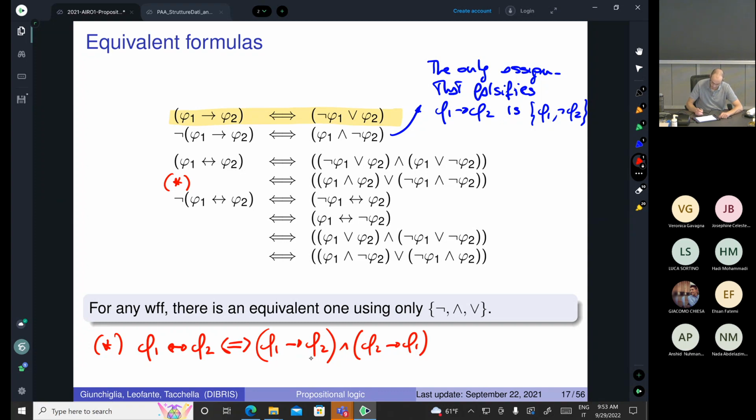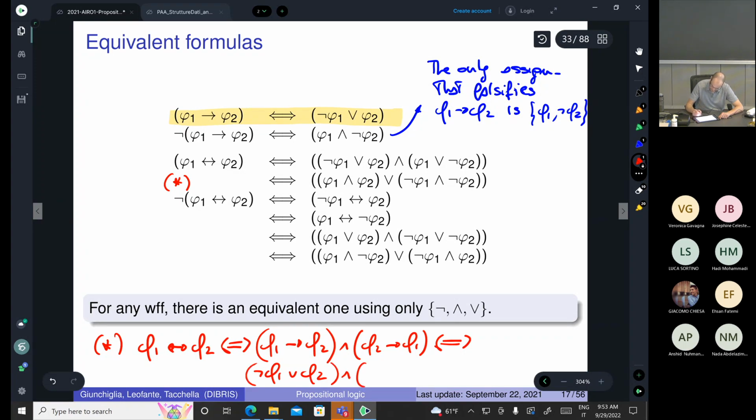But we have seen that phi1 implies phi2 is logically equivalent to not phi1 or phi2. So this is logically equivalent to not phi1 or phi2, and this is not phi2 or phi1. Which is what you have here.